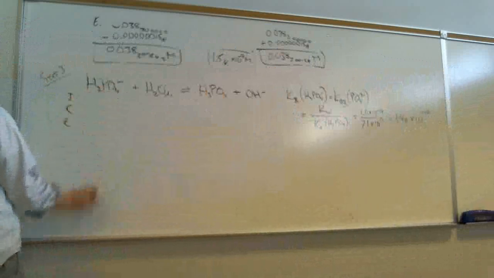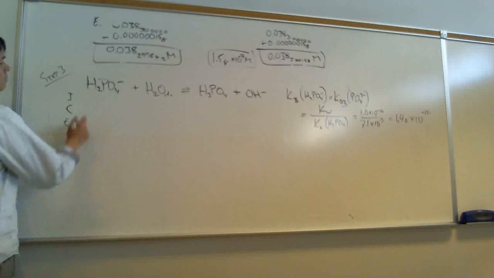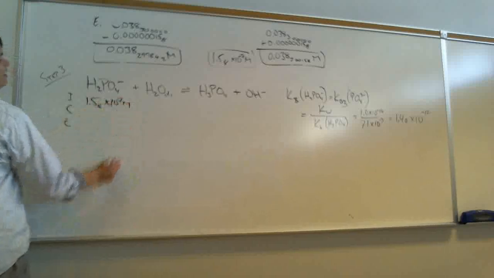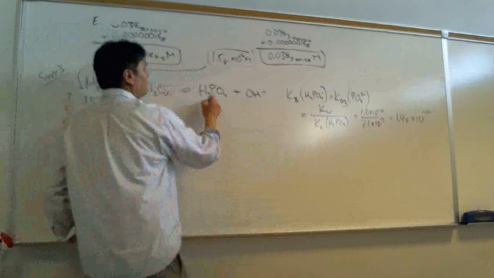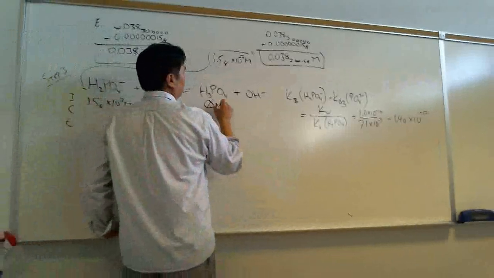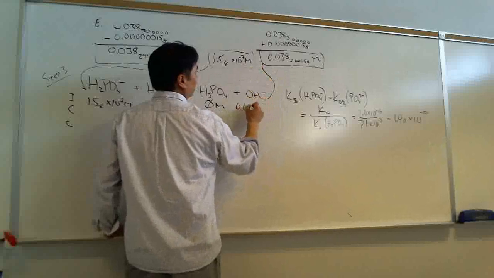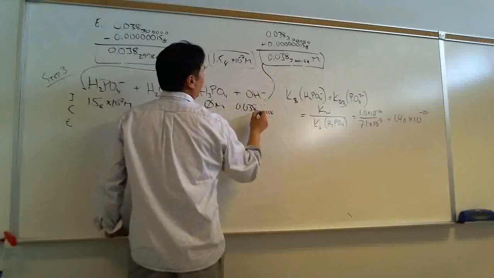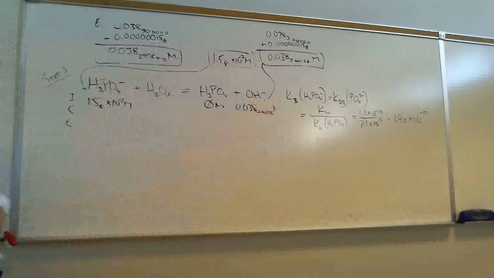What's my H2PO4? 1.58 times 10 to the negative 7. And that's from here. What's my H3PO4? What's my hydroxide? Do you have to carry that many digits? No.